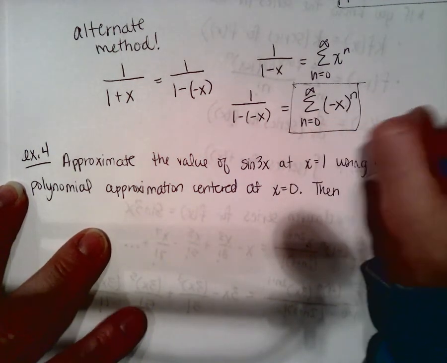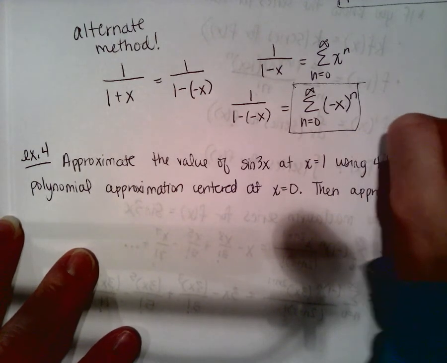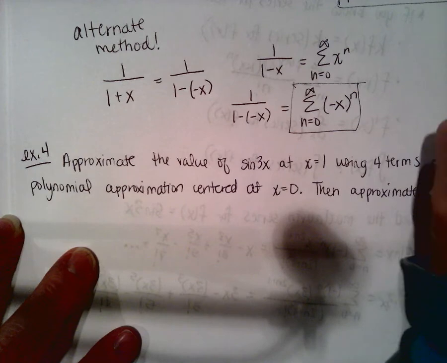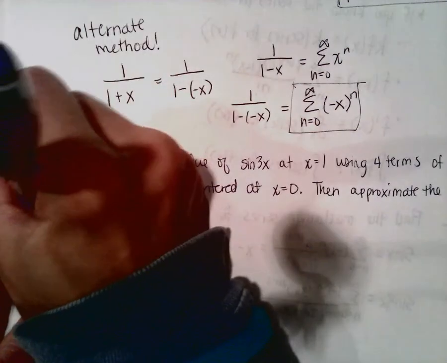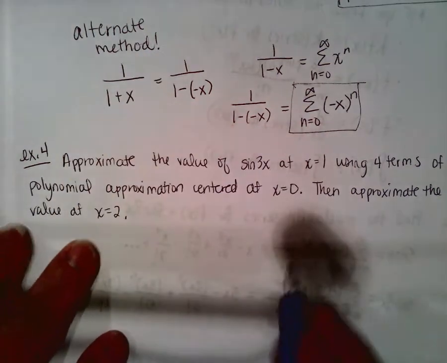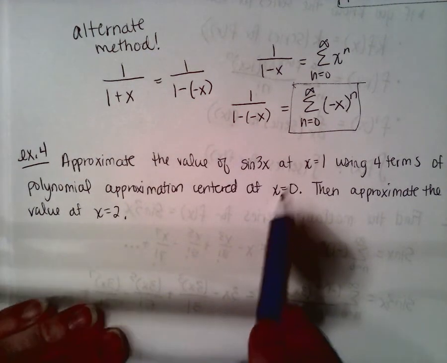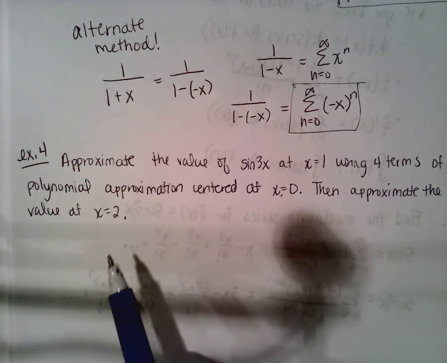Then approximate the value at x equals 2. So we're going to write the polynomial centered at 0. We're going to use that to approximate the function at x equals 1 and at x equals 2.